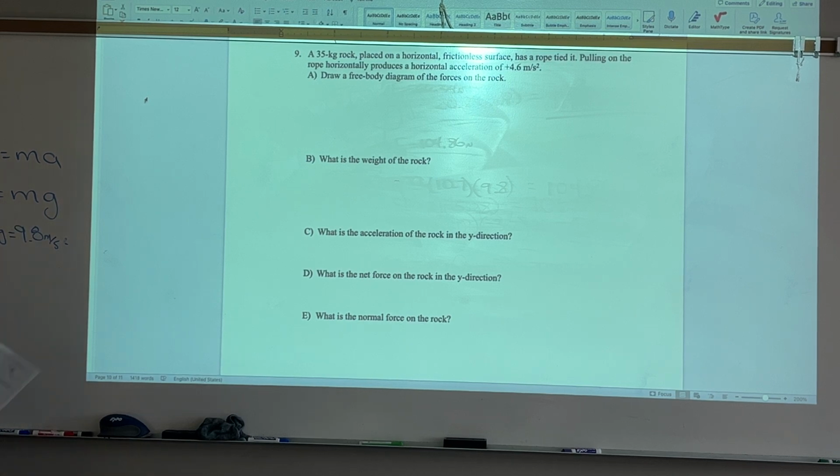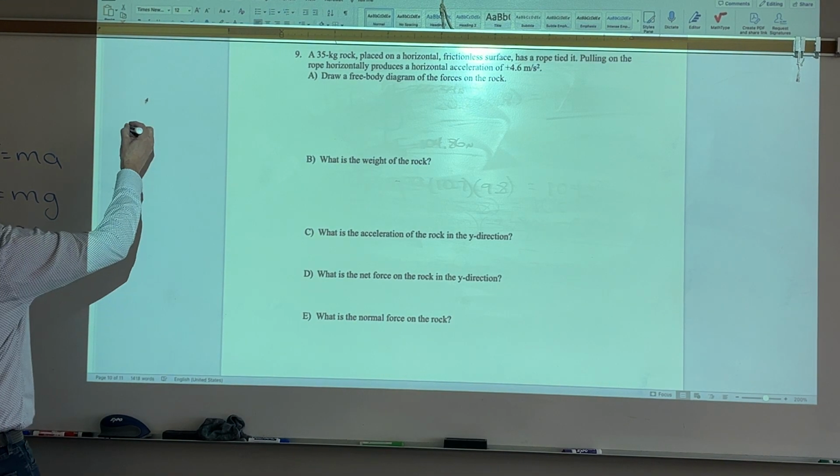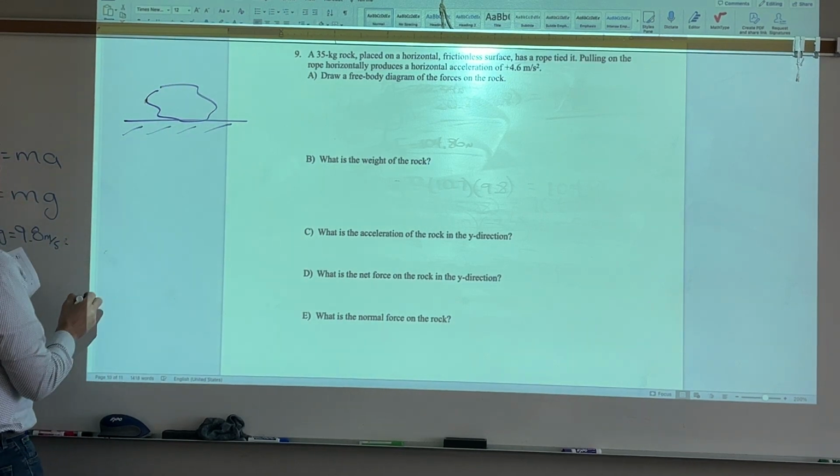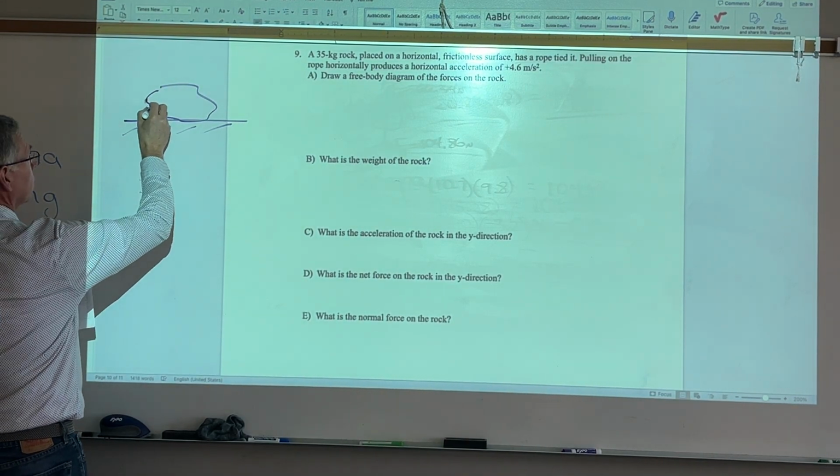All right. Okay, and this one, a 35 kilogram rock placed on a horizontal frictionless surface has a rope tied to it.